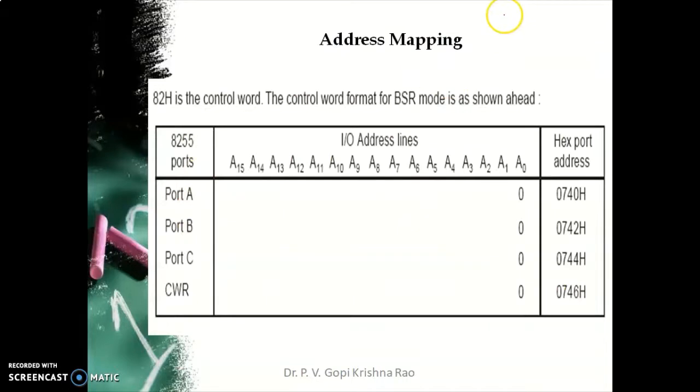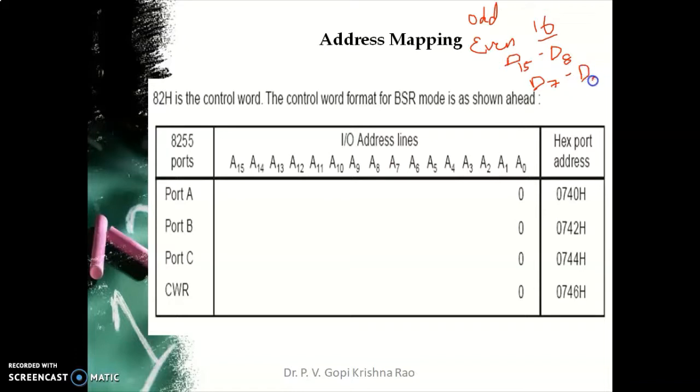Right. So in 8086 we have a concept called odd addressing and even addressing. Your 8086 is a 16-bit processor, meaning that it has data lines D15 to D8 and D7 to D0.